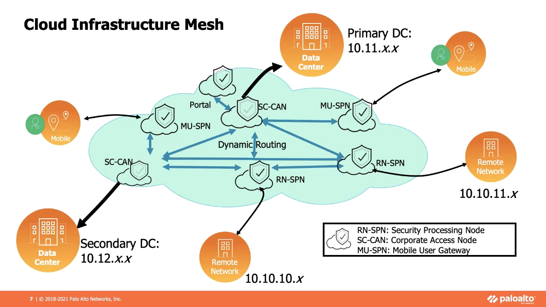We use dynamic routing and VPN tunnels among all these different cloud nodes, so that your mobile user SPNs, your portals, and remote network SPNs all route traffic through their geographically closest SC CAN. We can access other service connection corporate access nodes if we need to. And we're going to talk about a lot of examples and a lot of ways we can control this and override the basic functionality.